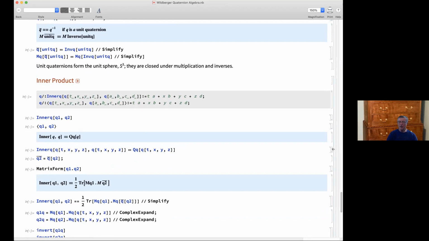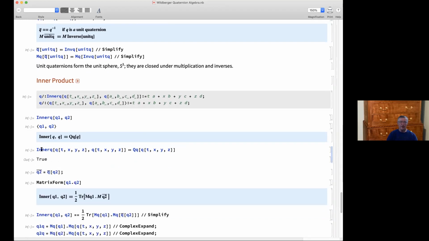So the inner product of Q and Q is, of course, its quadrance.